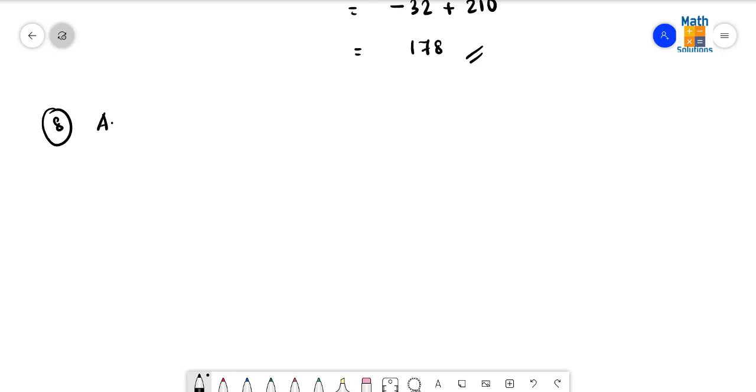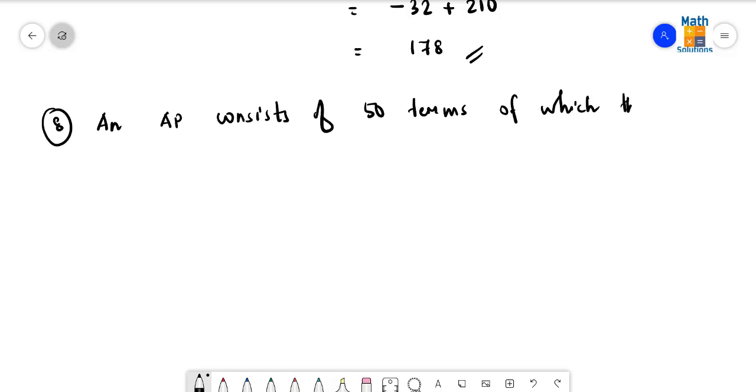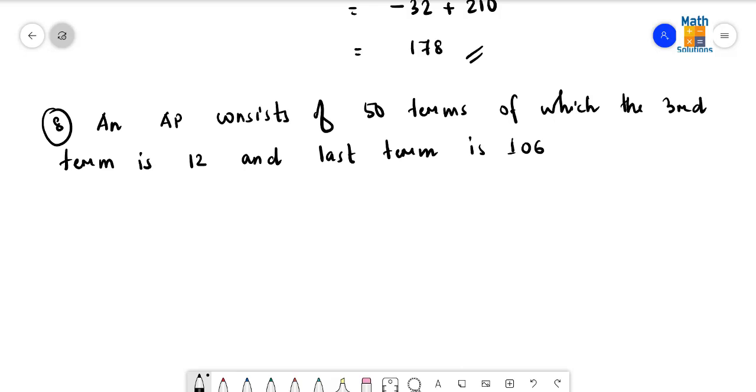An AP consists of 50 terms, of which the third term is 12, and the last term is 106. Find the 29th term.